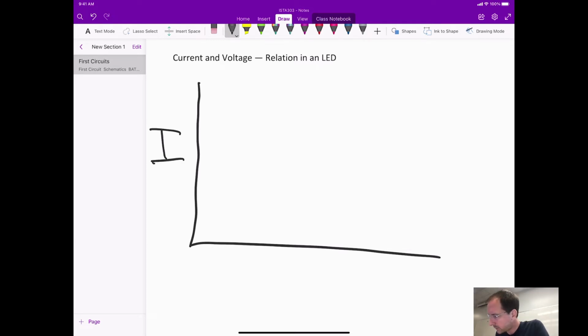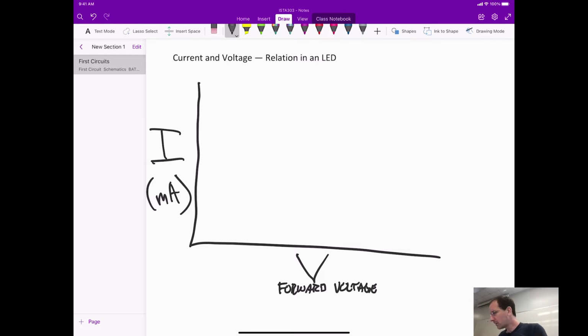And we're going to measure this in milliamps. So this is a small amount of current. And on the other axis, we're going to talk about voltage. In this particular case, it's the forward voltage of the LED, which for our purposes, we can sort of think of as the amount of voltage that the LED is given to use up, given to absorb, and convert into light or heat or something.